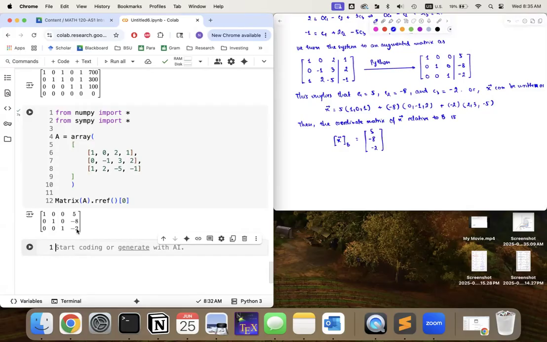So let's say you are the character in a game. What you do with this information, the coordinate matrix or the coordinate vector, is that you go in the positive x direction 5 units, and then in the negative y direction 8 units, and in the negative z direction 2 units.